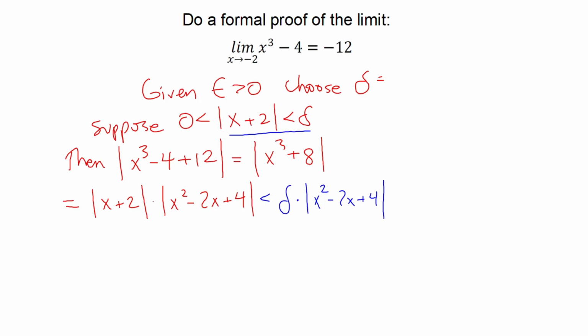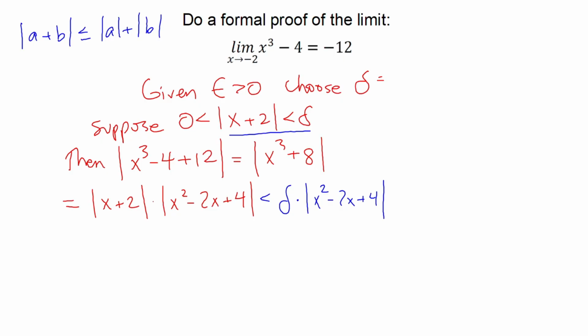And from there, what we can do is use something called the triangle inequality, right? The triangle inequality, which you don't need to state that you're using, says the absolute value of a plus b is always less than or equal to the absolute value of a plus the absolute value of b. And we talked about why that's true in class.